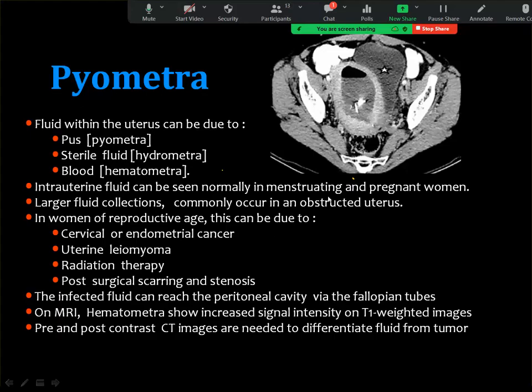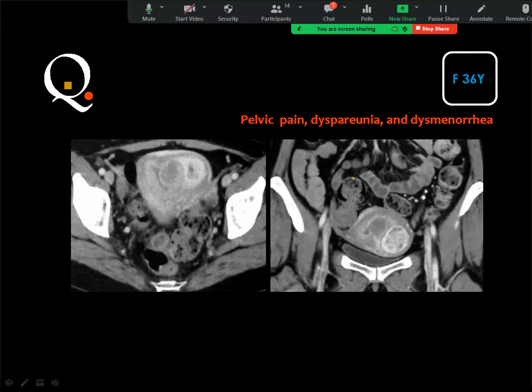The fluid can be seen normally in menstruating and pregnant women, and larger collections may occur when the uterus is obstructed, like by cervical cancer or uterine leiomyoma or some sequelae of radiation or even post-surgical scarring. If the collection is infected, you get high CT density and also abnormal increased signal intensity.